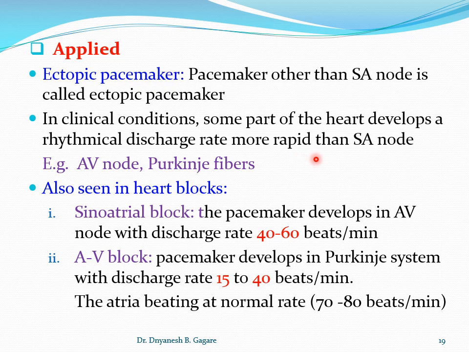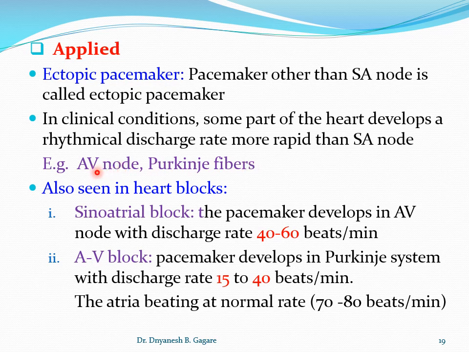I told you initially that the part which generates more impulses will be the pacemaker; the one whose rate of generation of impulse is higher will be the king. If in some abnormalities there is irritation to the AV node or some other problem, and the generation of impulses is increased more than the SA node, then the pacemaker can be shifted to the AV node or Purkinje fiber.